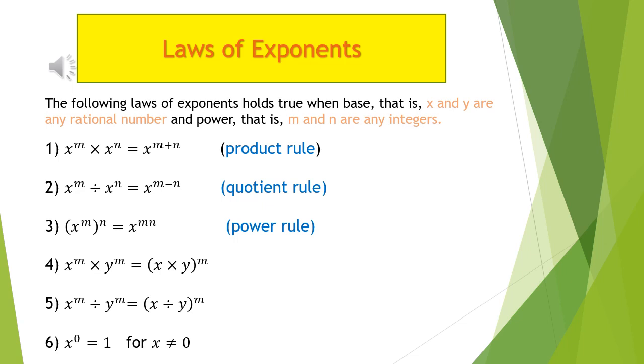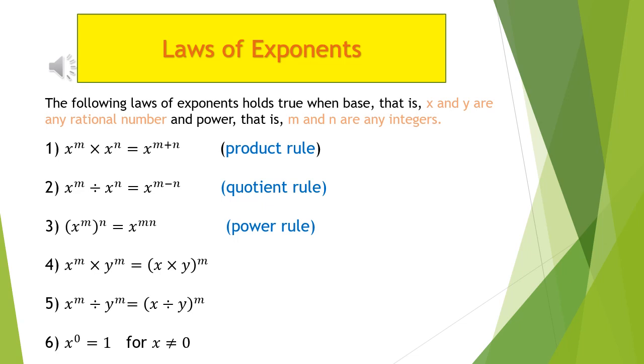Now come to the fourth rule. The fourth rule is x raised to the power m multiplied by y raised to the power m. Now see here, the bases are x and y. The bases are different in both numbers, but the power is the same, m. So finally it will give you x multiplied by y, whole power m.